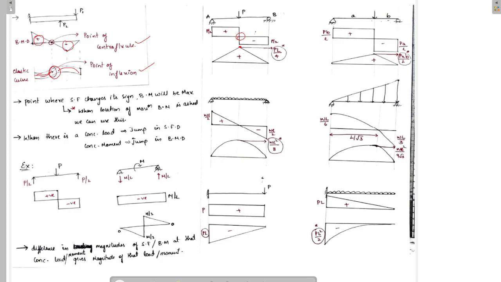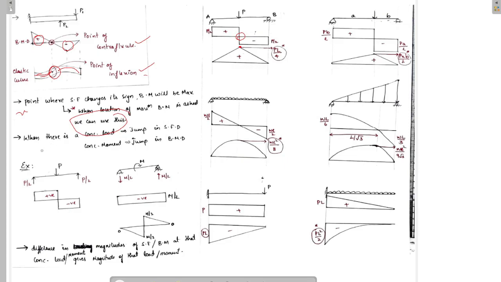In order to make it simple, we can find the point where shear force is 0. We can easily write the equation of shear force. The point where shear force is equal to 0, we can directly say that point is of maximum bending moment. After knowing that point, we can substitute it in the bending moment equation and find the magnitude of bending moment also.